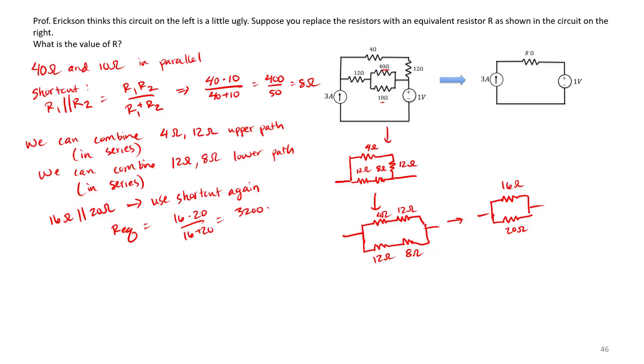That's 3200 divided by 36. Or you could also write 800 divided by 9. 800 divided by 9 gives you about 88.89 ohms for that equivalent resistor.